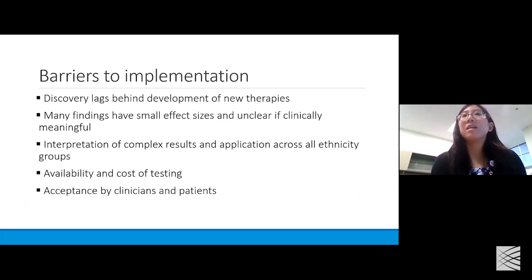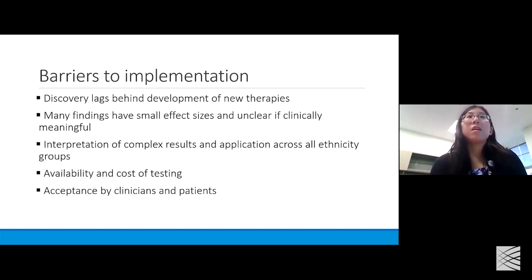What we keep seeing is that there are new agents arising and old ones being abandoned, and we need to keep up with that pace. One problem is also that in agnostic genome-wide association studies, some of the findings tend to have small effect sizes, and it's unclear if they're clinically meaningful.